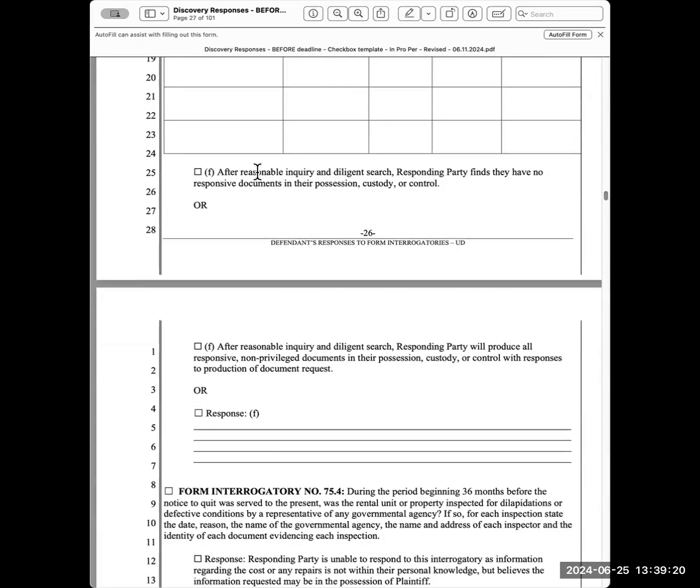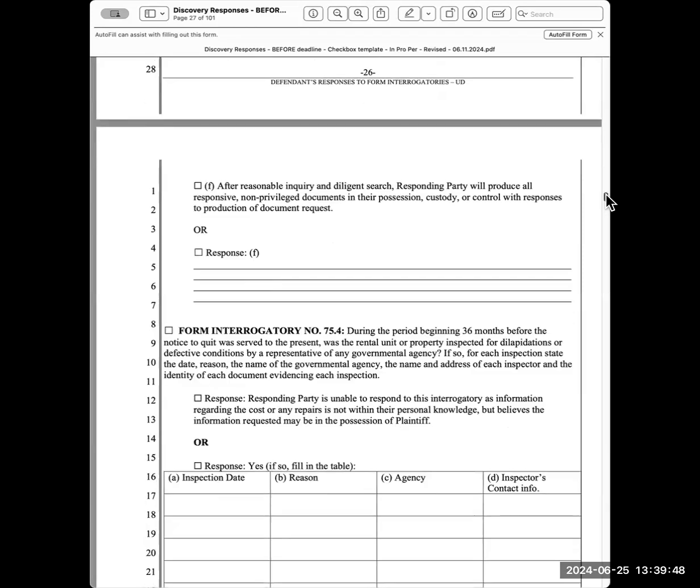Here, in this section, this is about evidence of notification. If you don't have, maybe you did it verbally, but you have no evidence, or you lost it, or you had evidence, but now you don't have it, you check here. If you do have evidence of notifying the landlord or the property manager or some other agent of the landlord, you check here and you include that evidence with your trial binder and the exhibit portion.